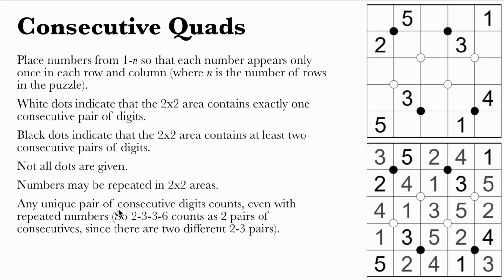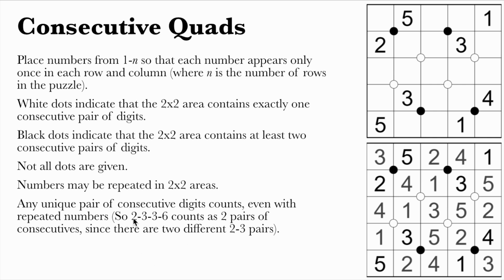Any unique pair of consecutive digits counts, even with repeated numbers. So 2, 3, 3, 6 counts as 2 pairs of consecutives since there are 2 different 2, 3 pairs. So this 2, 3 counts, this 2, 3 counts. This is also implying that the pairs may overlap.